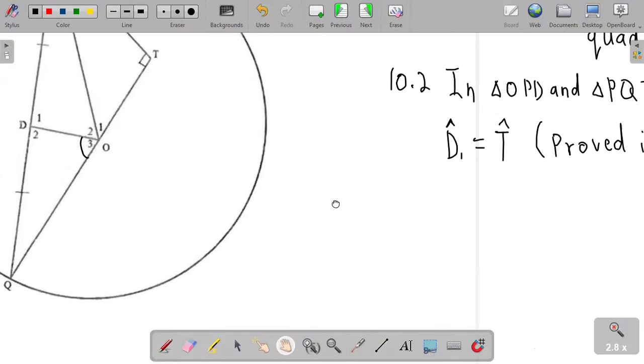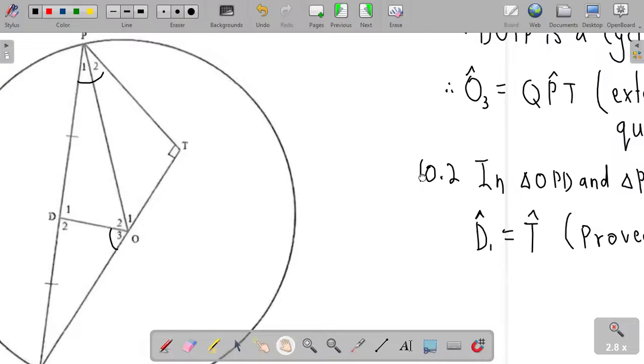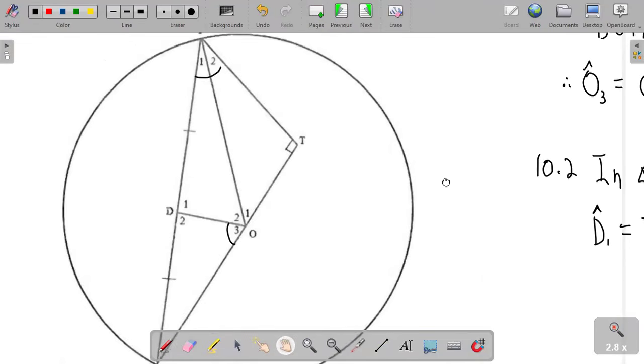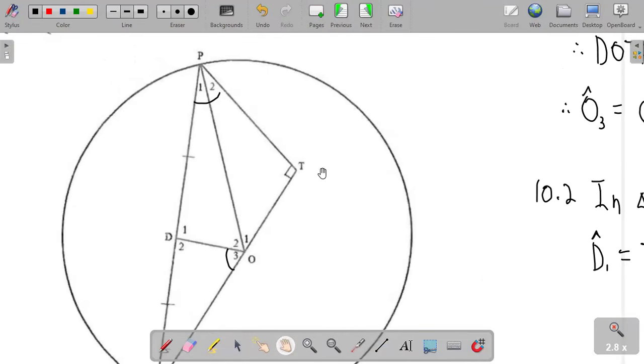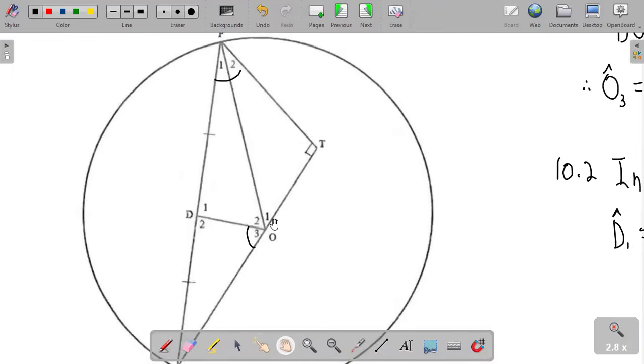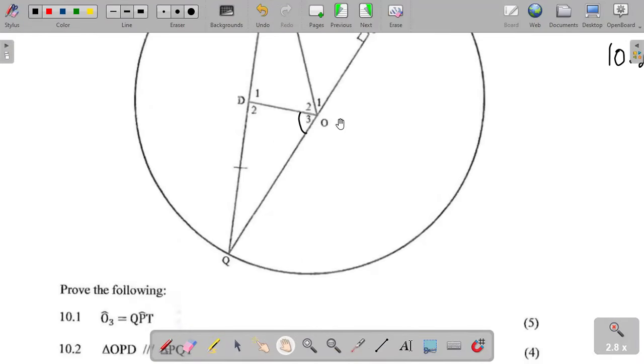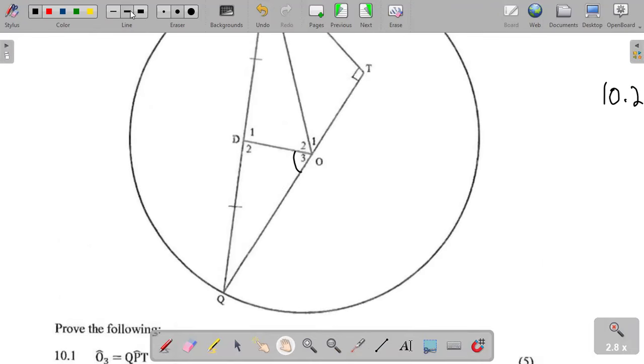So now the second thing that we know: OP equals OQ, because this is a radius. This and that are equal to each other.